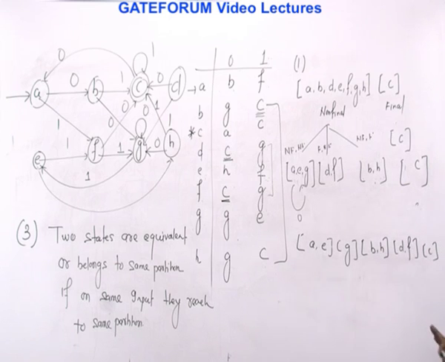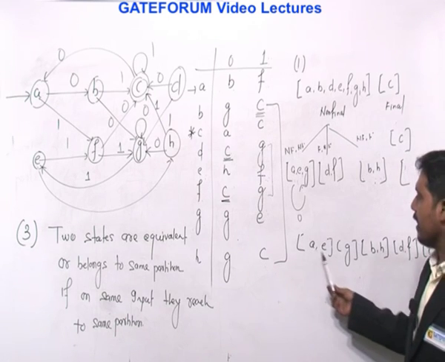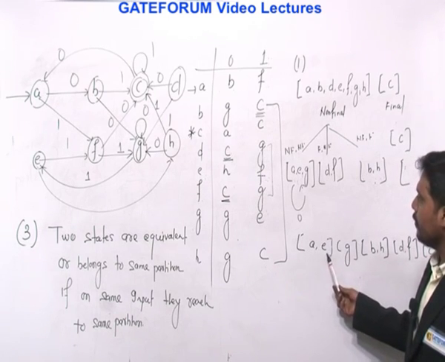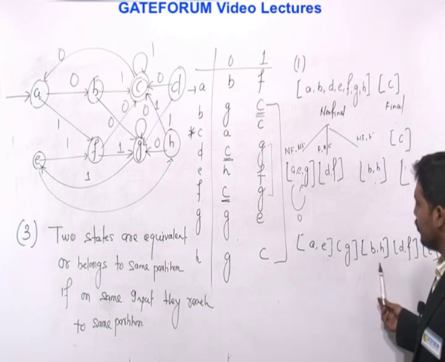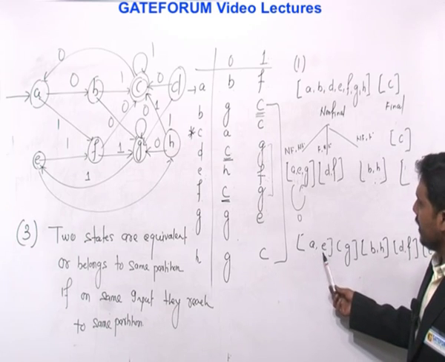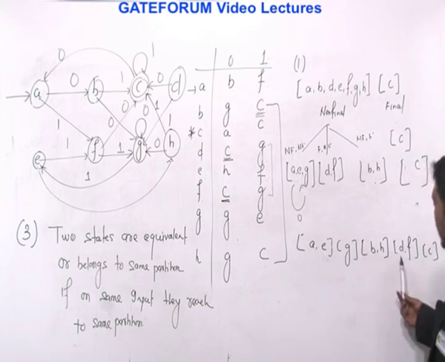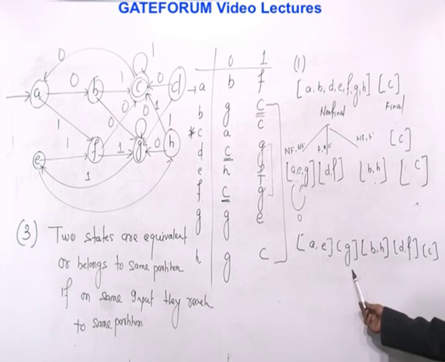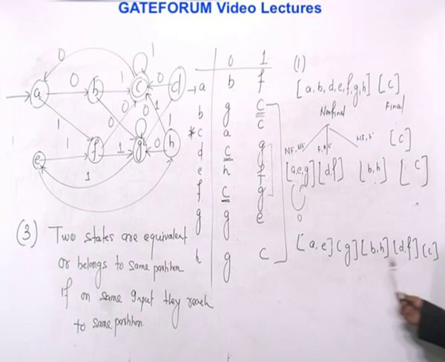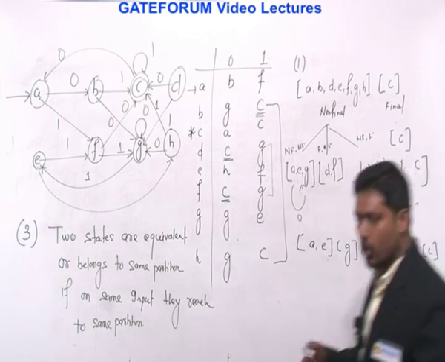Now one final time you check that A and E are in the same partition. On input 0 both go to B and H, and on input 1 both go to state F. G makes a self loop and goes to state C. B and H, D and F are already verified. So the process will stop.